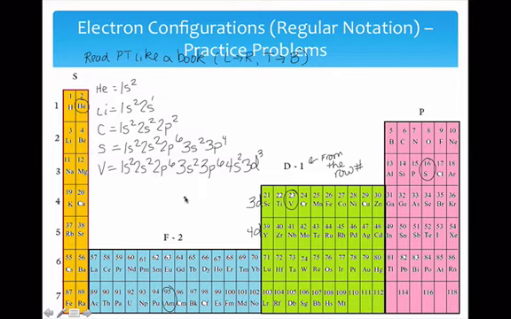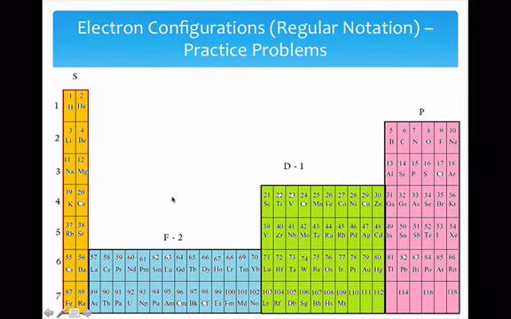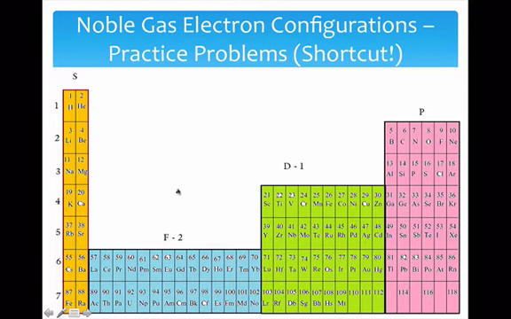There is a shortcut, and you can only do it when I say so. The shortcut uses the noble gases. Remember, the noble gases are in this family right here. Let's say we want to do that americium that's way down here. You always want to go up a row all the way to the noble gas that comes before it. So with americium, I go up a row all the way to the end. I'm going to use radon.